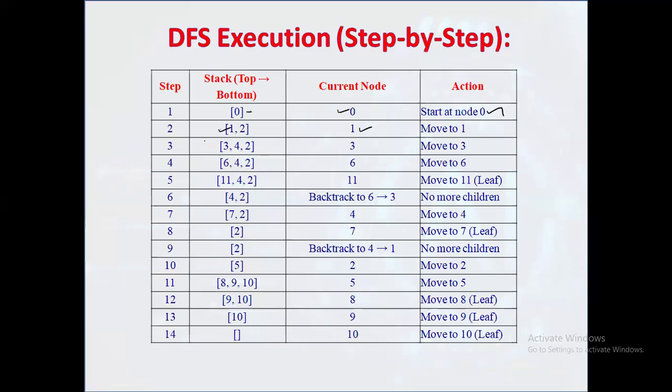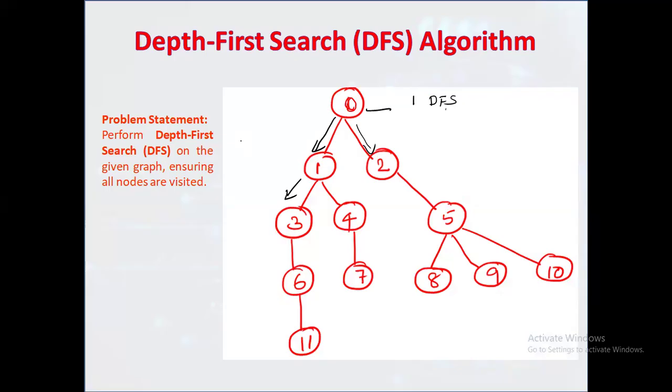Next is step 4: move to node 6 from 3. From 3, the algorithm proceeds to node 6, adding it to the stack and continuing the exploration.